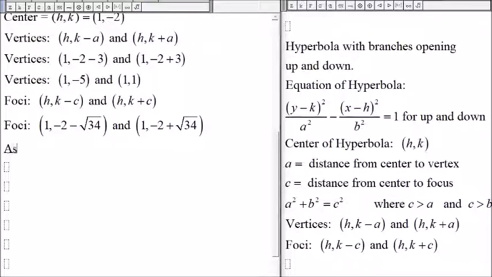And the asymptotes would be y minus k equal plus or minus a over b, and then x minus h.